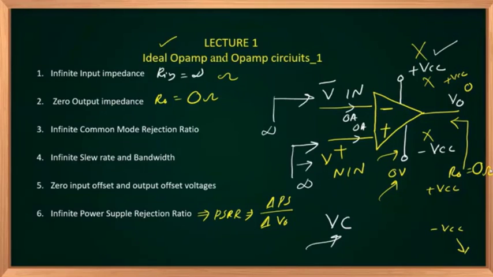So your op-amp can be modeled as a voltage source at the output side. At the input it is a voltage controlled device, at the output it is a voltage source. So effectively, the ideal op-amp, or generally an op-amp, is a voltage controlled voltage source, VCVS.